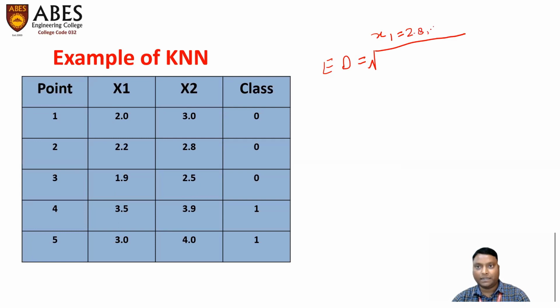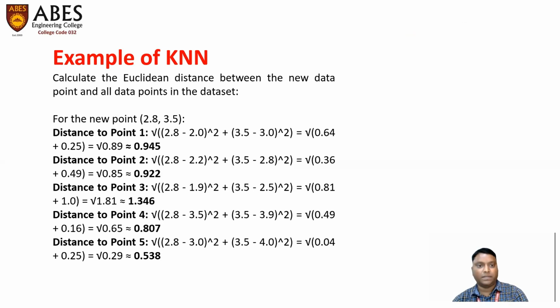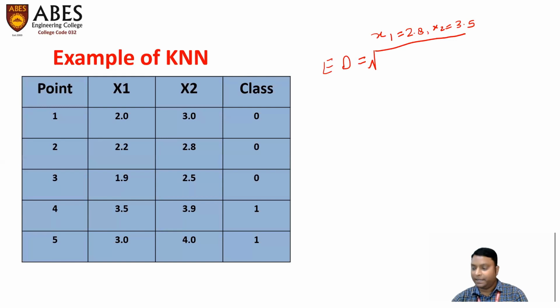It will be written as: 2.8 minus the value of the first data point, that is 2, squared, plus 3.5 minus 3.0 squared.